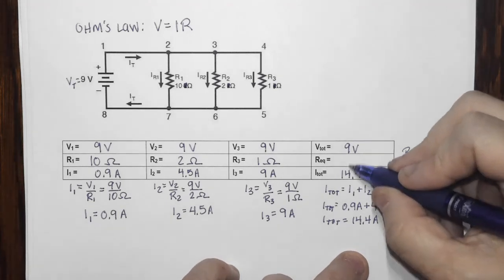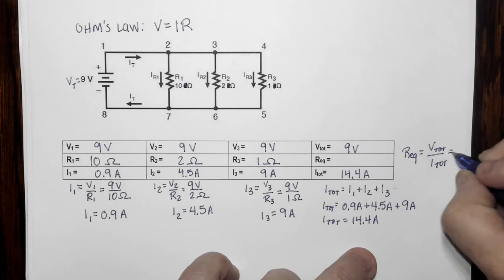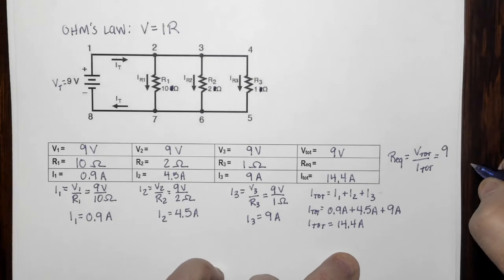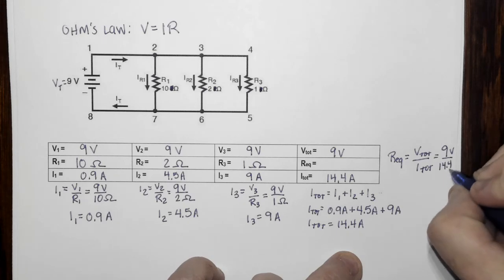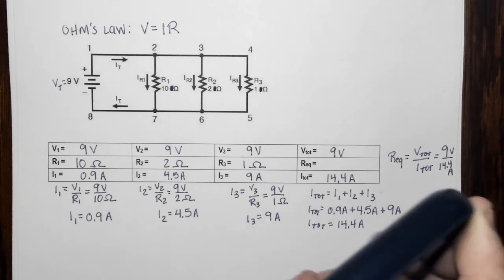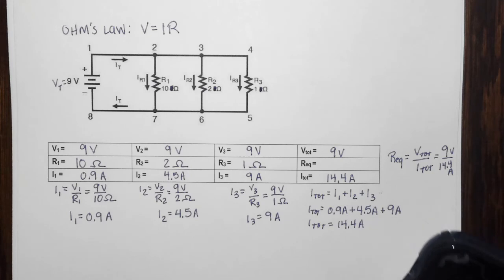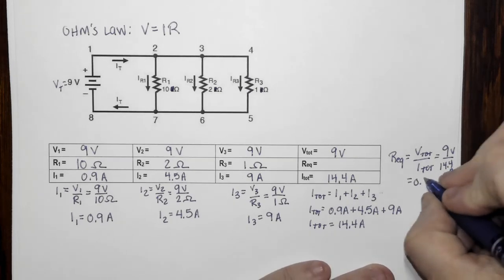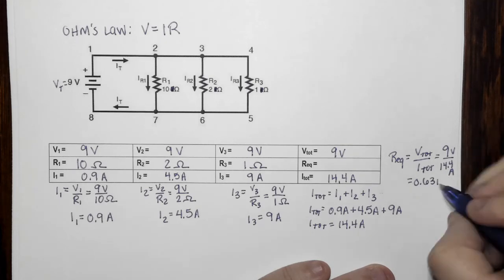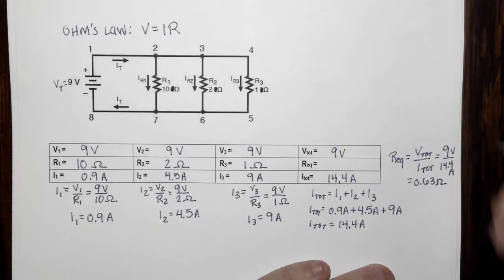And that's going to be equal to, I'm running out of space, 9 volts divided by 14.4 amps. And I'm going to do my math and hope that my camera has been shutting down on me. So 9 divided by 14.4 equals 0.63 ohms. Yikes, that's supposed to be an ohm.